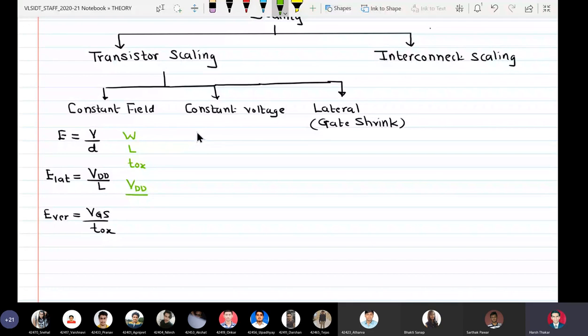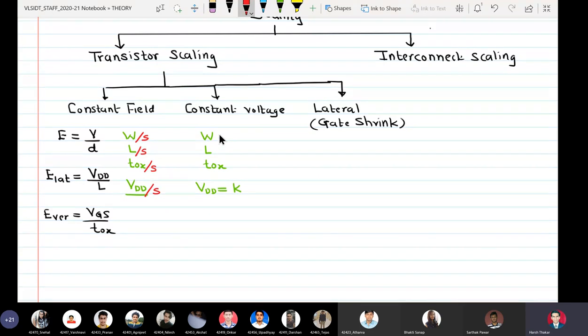So in constant voltage scaling, what I do is that I scale down W, L and TOX, but my VDD remains constant. So it is not scaled down. In other words, I can say in constant field scaling, I will scale down width, scale down length, scale down TOX and also scale down the supply voltage.